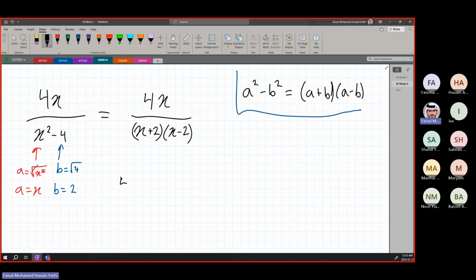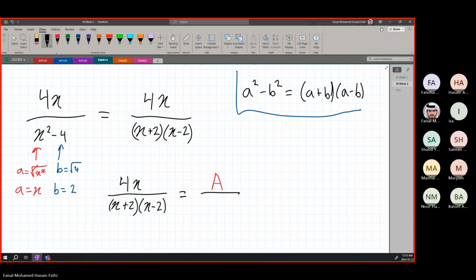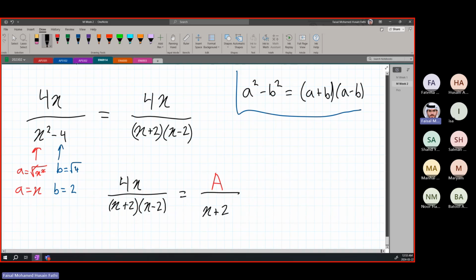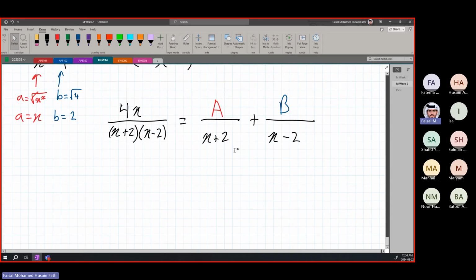So 4x over x plus 2 into x minus 2 is equal to a over x plus 2 plus b over x minus 2. Simple linear partial fractions.